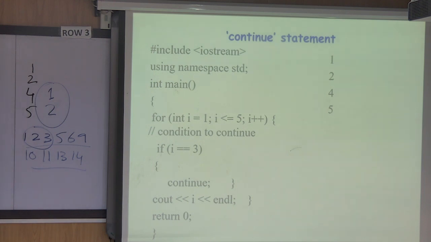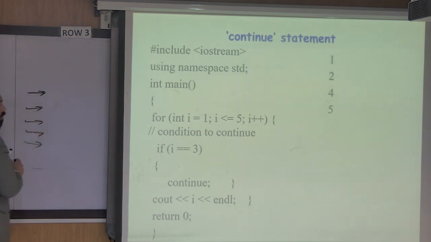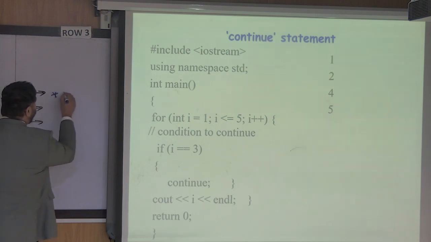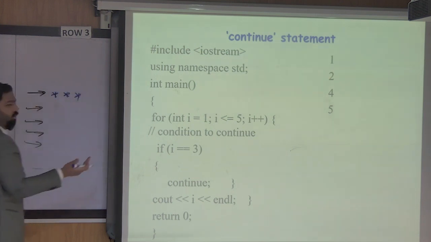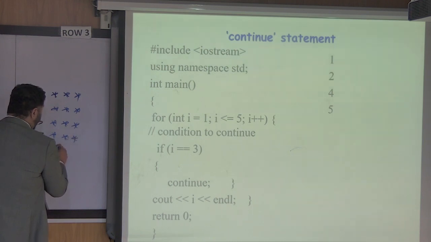इसको आप प्रोग्रामिंग में कोरिलेट कर सकते हैं हम। जैसे फॉर एग्जांपल, how many rows? 5 rows. हर row में कितने asterisks? Are you getting the concept? तो कितनी loops होंगी?